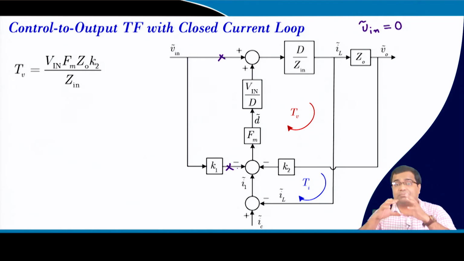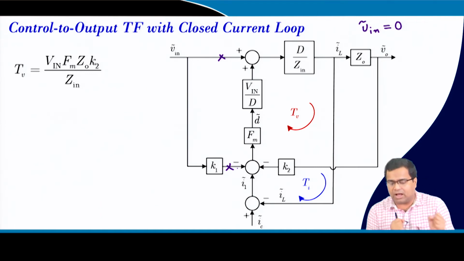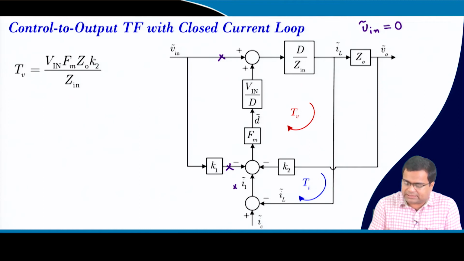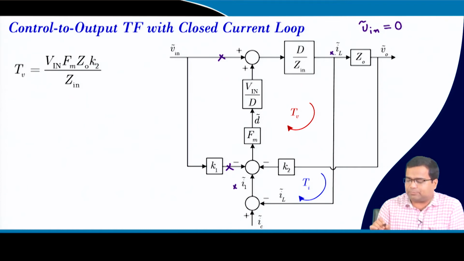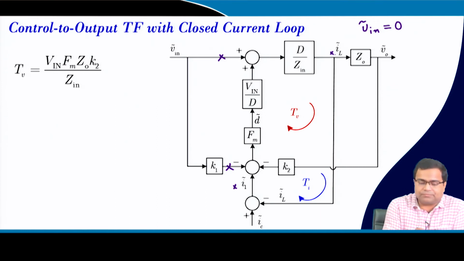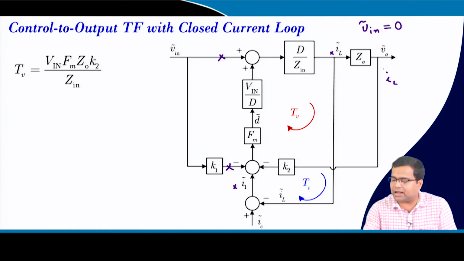We are not considering the perturbation in the input voltage for the time being. Now, if we look from this point to this point, that means IL by I1.